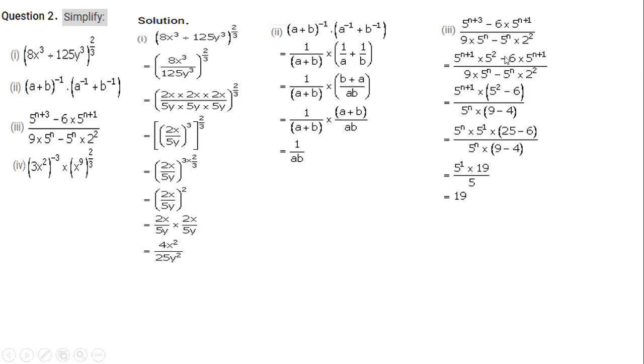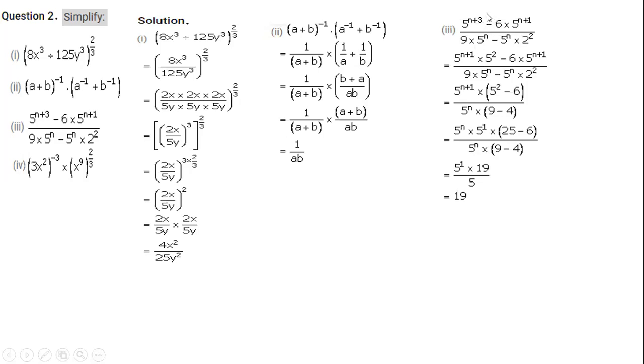See the third part. (5^(n+3) minus 6 into 5^(n+1)) divided by (9 into 5^n minus 5^n into 2 square). In the numerator, we can take 5^(n+1) as a common quantity. Why? Because we all know that if bases are the same and the product is there, then the powers are added.